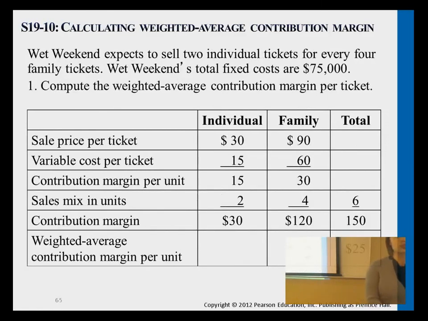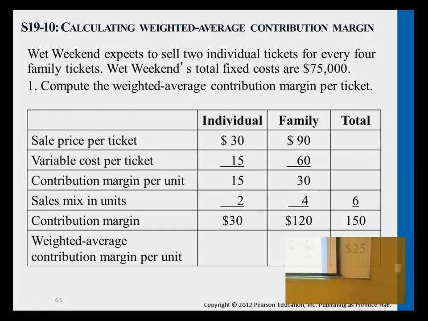Okay, so let's look at how we calculate it. Sales price per ticket, 30.90, variable cost 15.60. So contribution margin per unit is the difference of those two, and then the sales mix in units we know. That's why we have contribution margin totals of 30, and 120. Then we add it all up, we get 150.